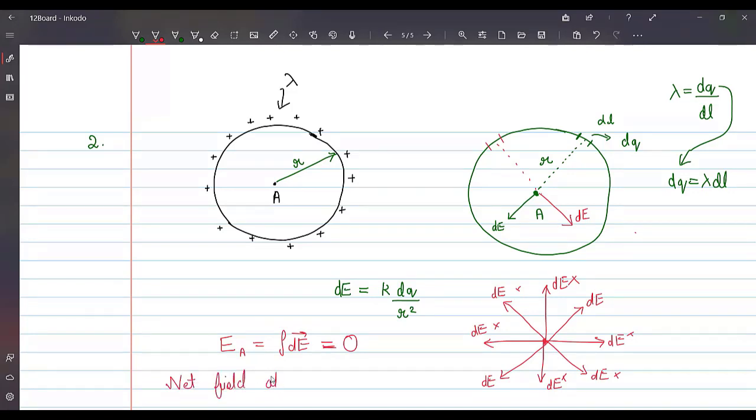Net field at the center is 0. Any questions on this? Here we did not require integration. Integration was just an idea here.